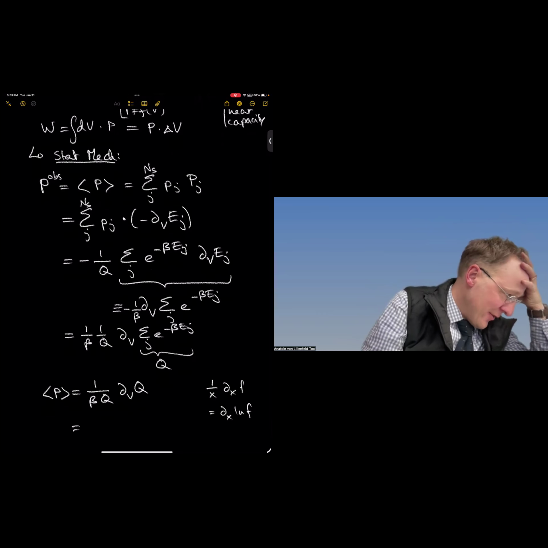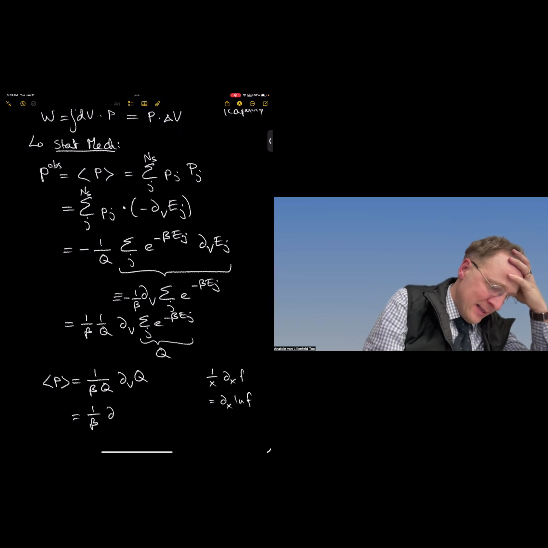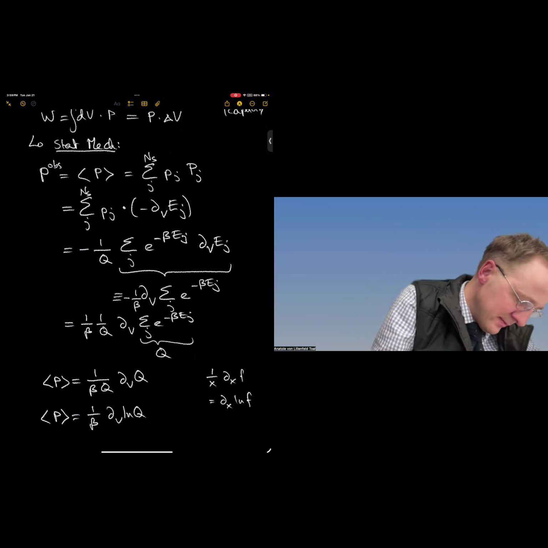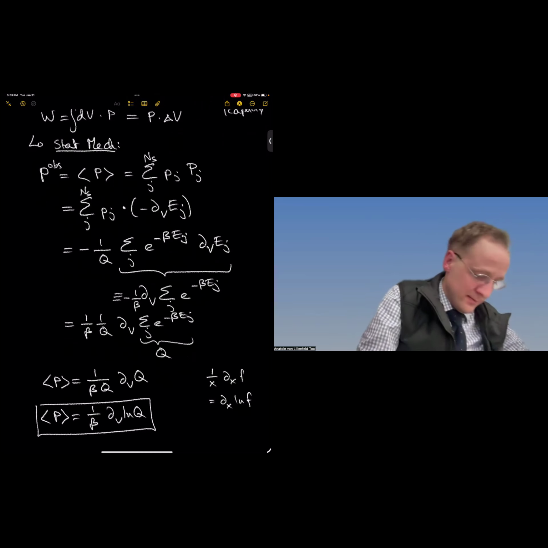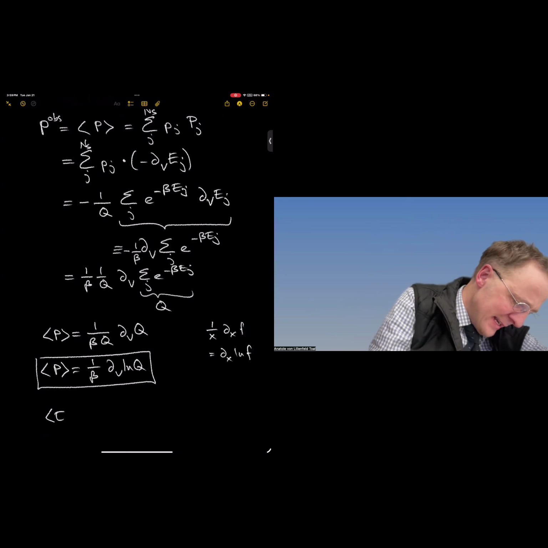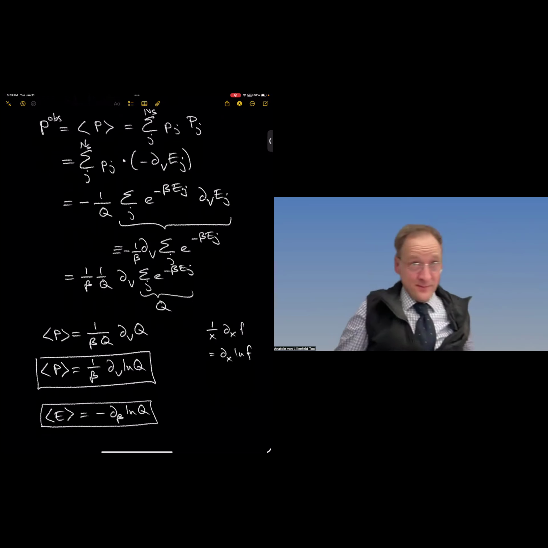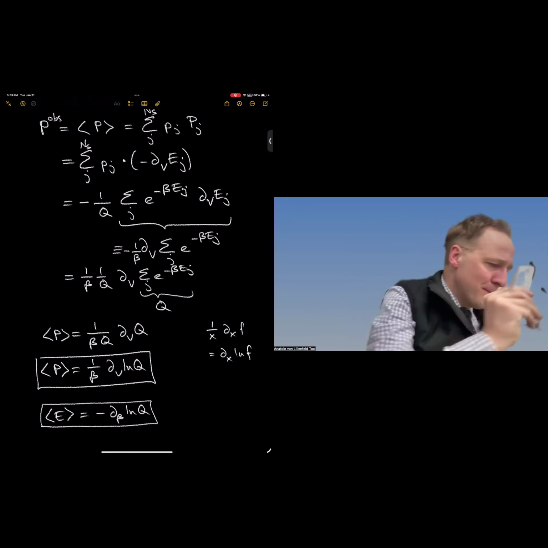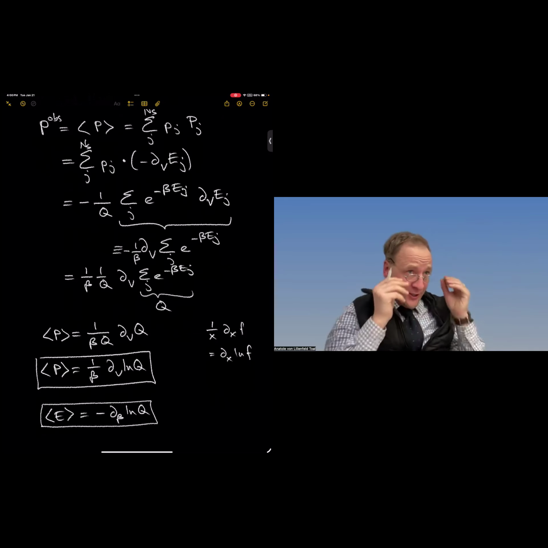So I can still further simplify this, and my pressure becomes 1 over beta dV logarithm Q. Now, recall my energy was minus d beta logarithm Q. Now, isn't that pretty? Are there any questions?